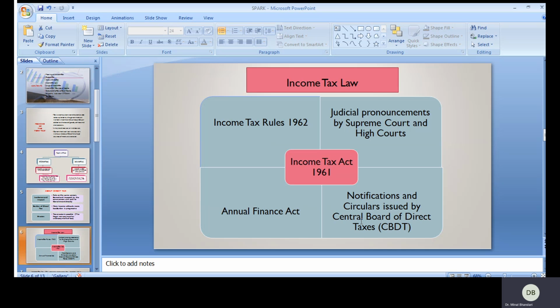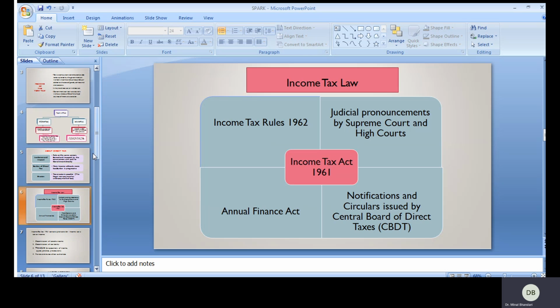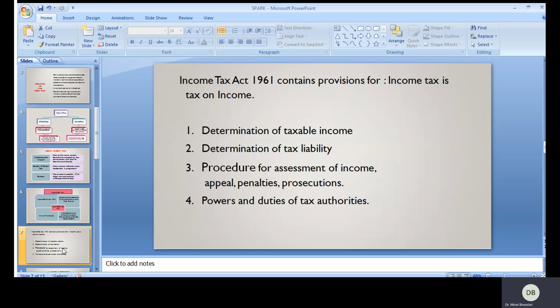So this income tax law is governed by these five different aspects which we have discussed right now, and according to that, whatever the tax liabilities and calculation formats are there, we have to follow those particular provisions.